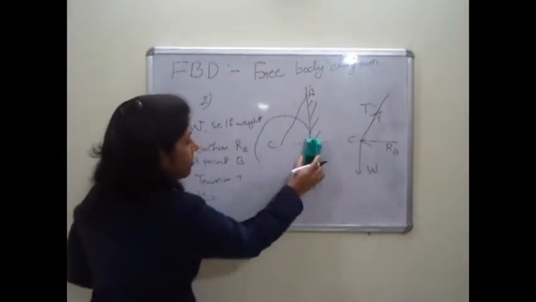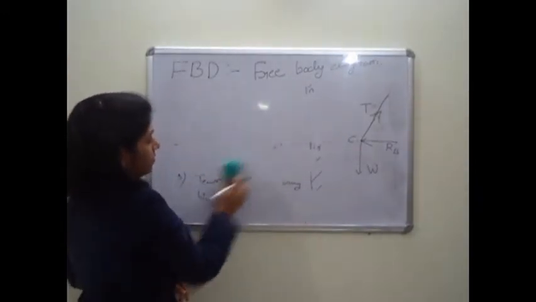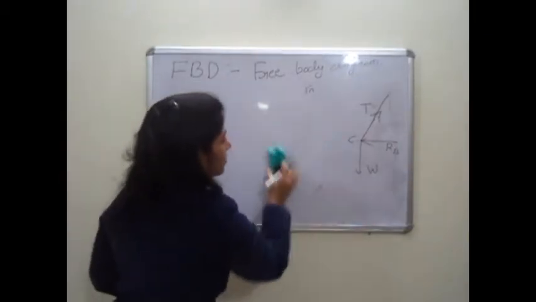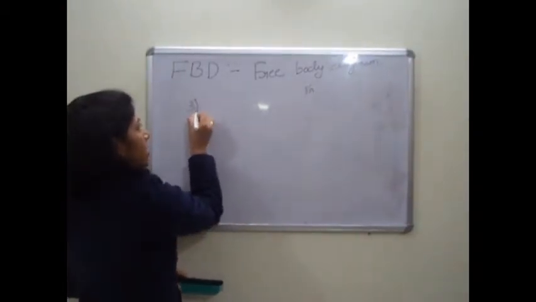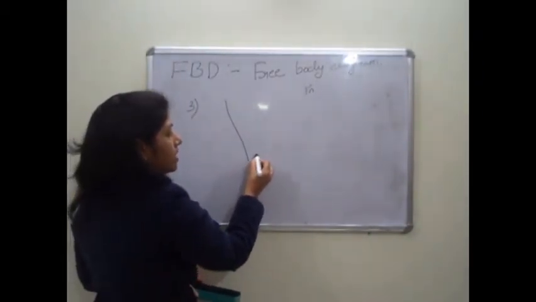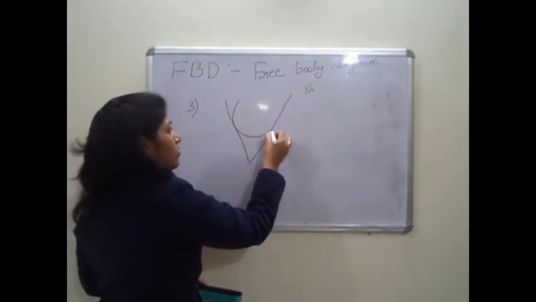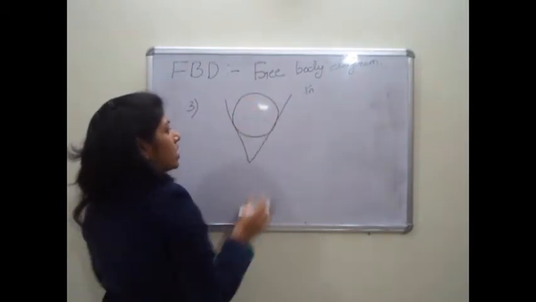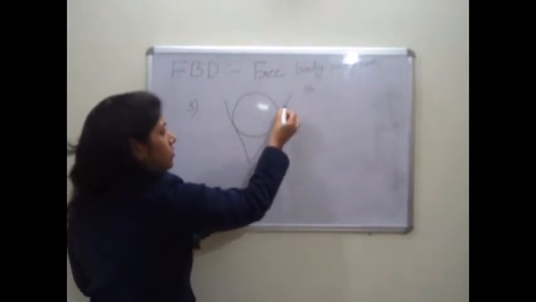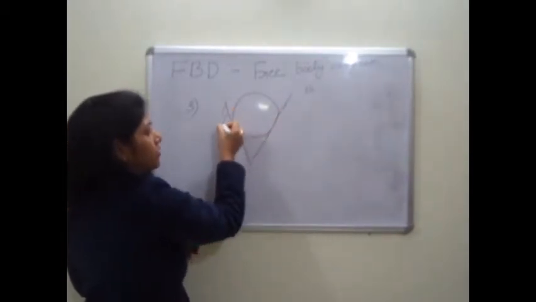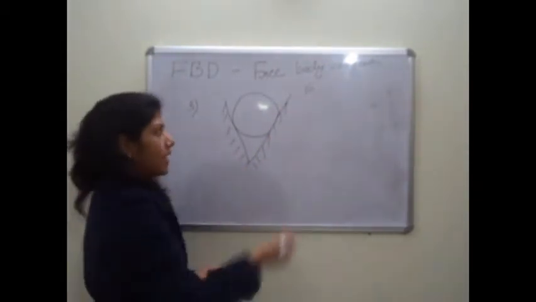Now the next example is a sphere which is resting on a V groove, and we want to make the free body diagram of that particular system.